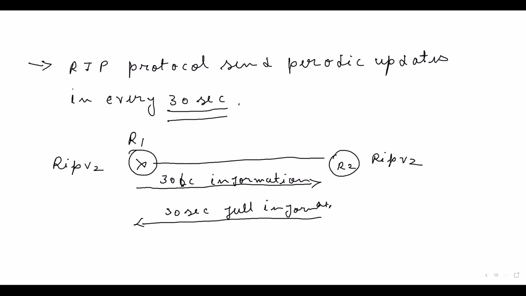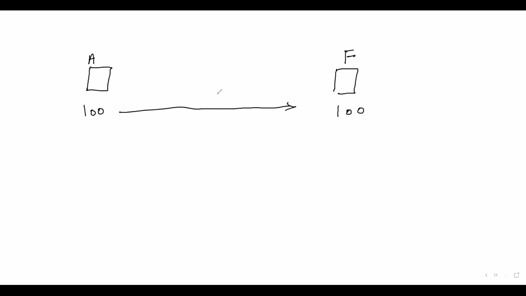Then you will say, this is my mobile and it is your mobile. I have 100 messages. You also have 100 messages. We both have equal messages. I sent you 100 messages in 30 seconds.